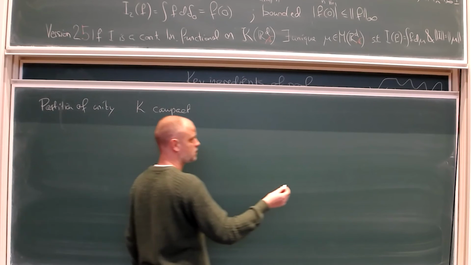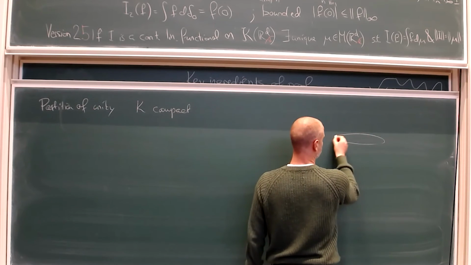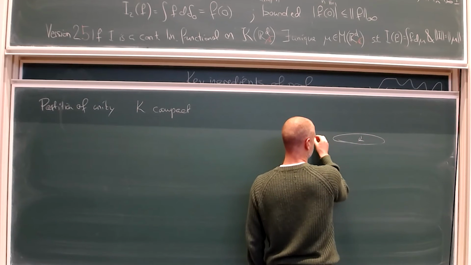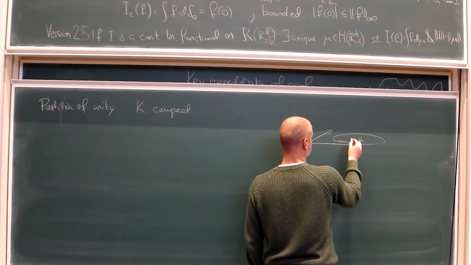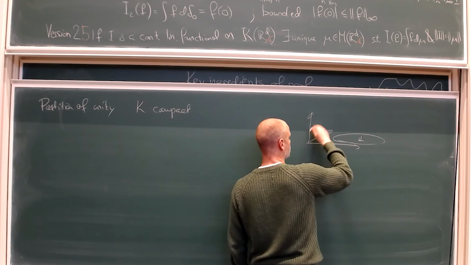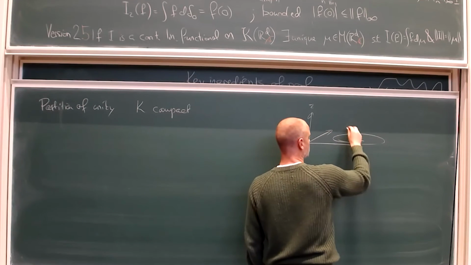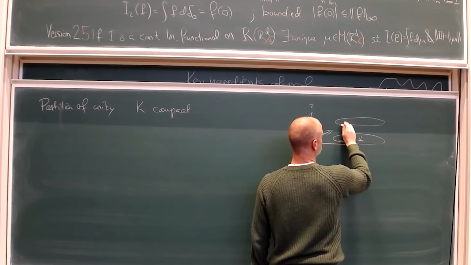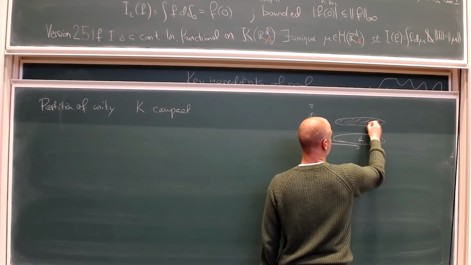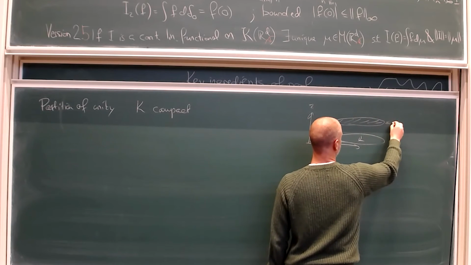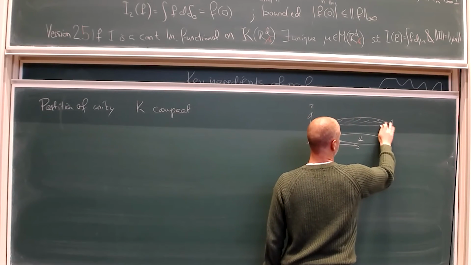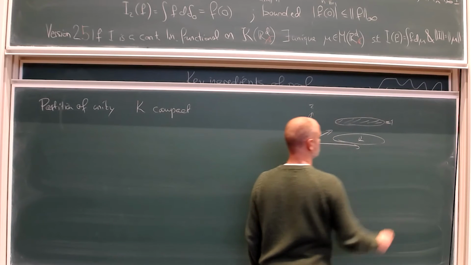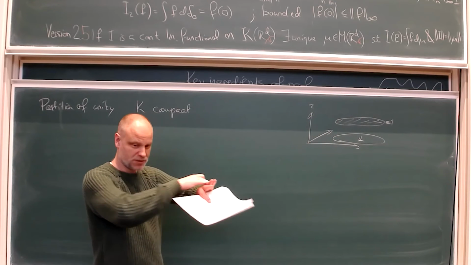Yeah, and then, okay, so here's your compact set K. Let's see if I can try to put an R2, and then we have some third axis here. And then just take the function which is identically 1 on top of K, right? So outside of K, it doesn't exist. So this is unity.